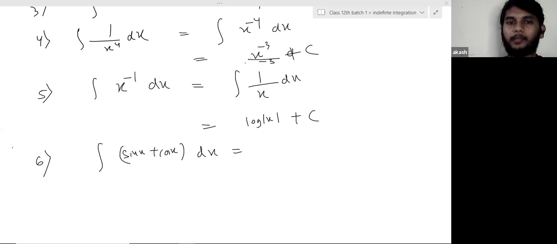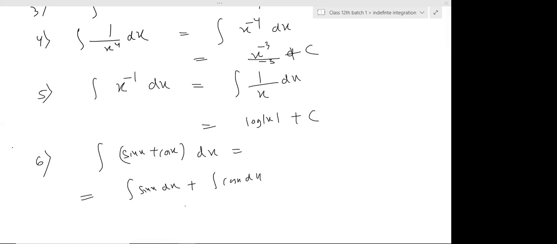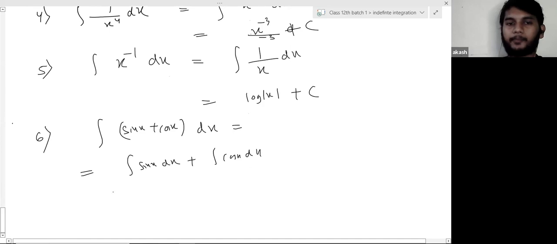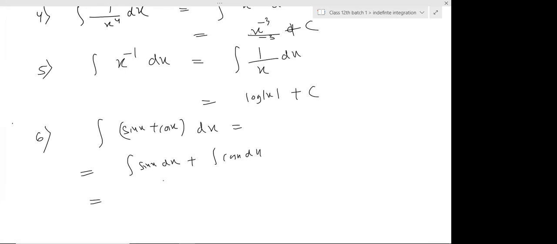Ishan, I told you, see, you can break this function, right? Addition. So we can write this as integration of sin x dx plus integration of cos x dx, right? Yes, sir. So what is the integration of sin x? So cos x. Look at the formula again. Sorry, sir, that too was a typo. That's not the answer.